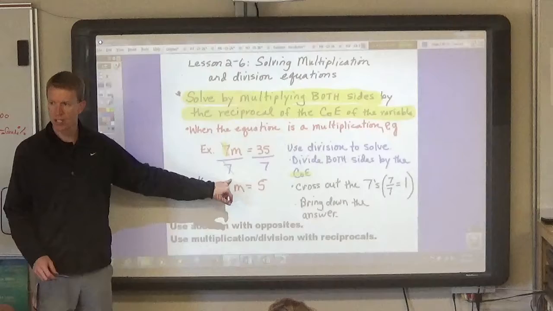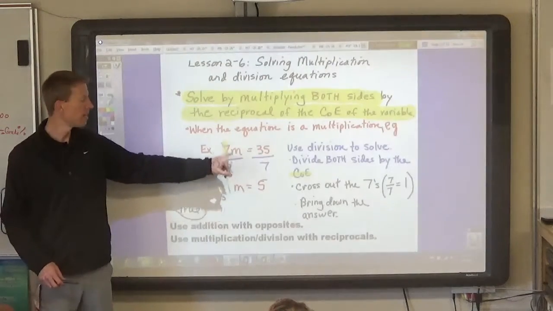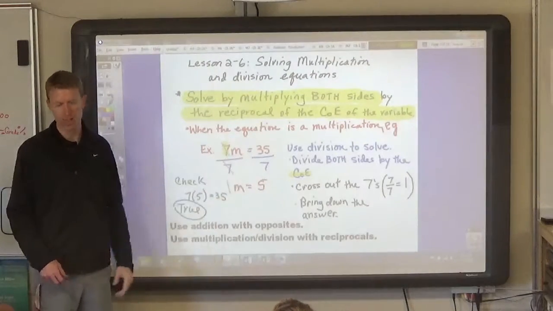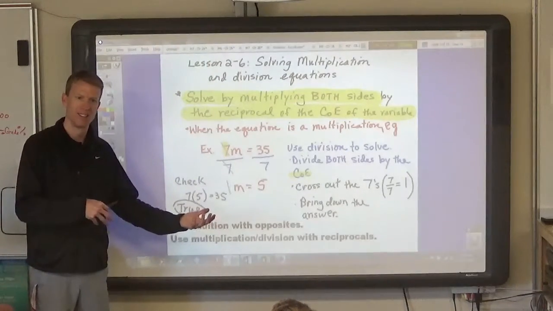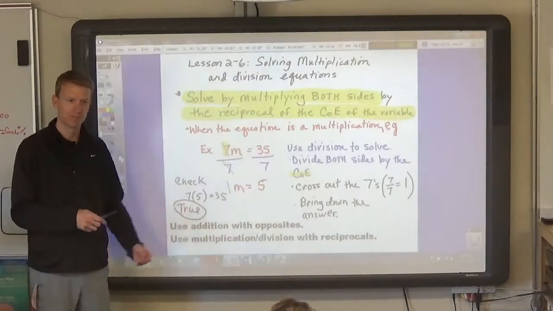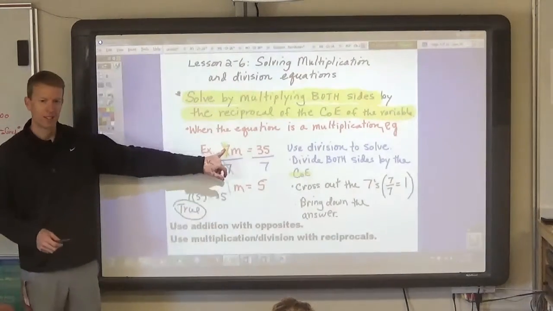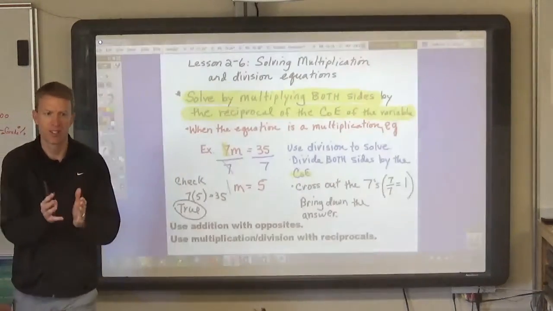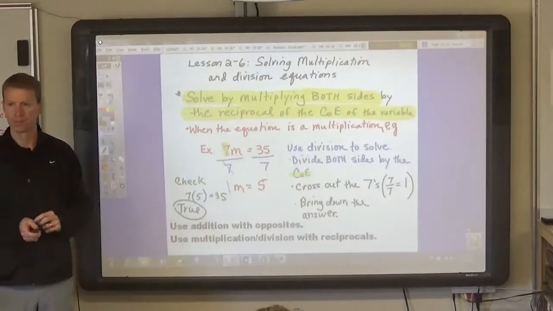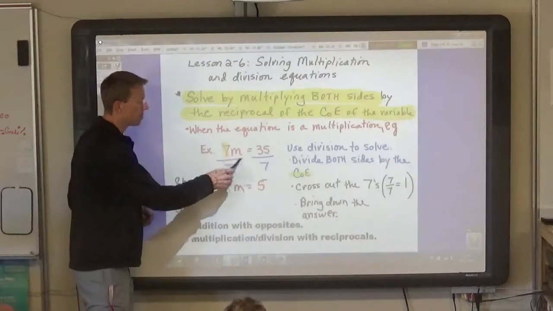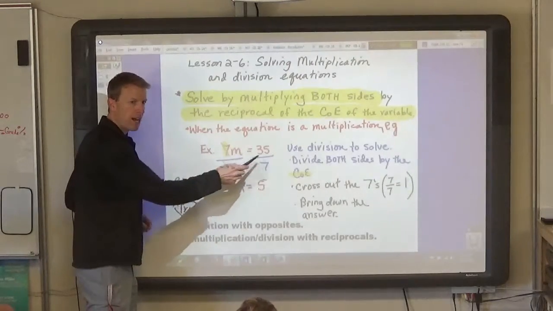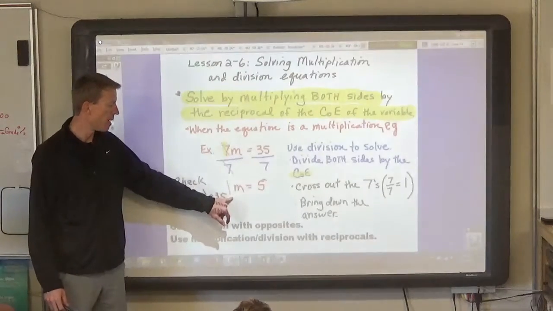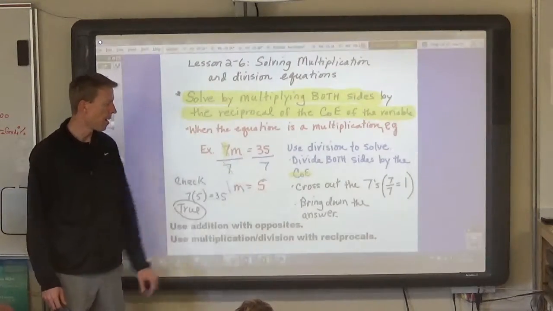Okay? 7/7 is 1, and 7/1 times 1/7 is also 7/7, which is 1. Do you understand that? 7/7 is 1, and if you multiply reciprocals by each other, they equal 1. So, you divide both sides by 7, and that proves that 1m equals 5.